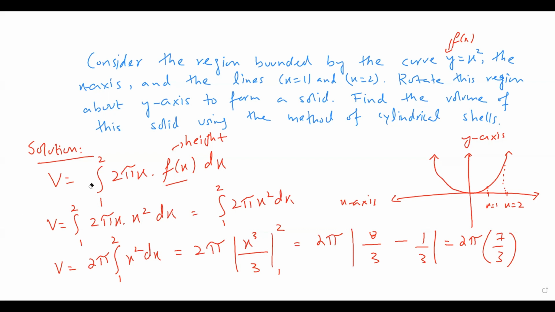So there is a little mistake. x squared into x is x cubed. We have x cubed here, and here we also have x cubed.